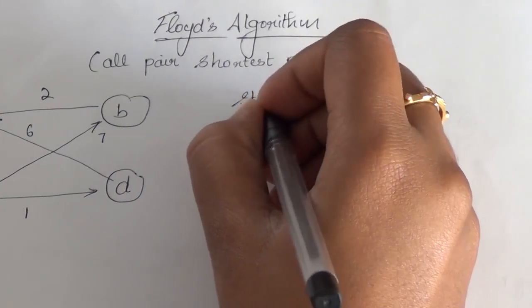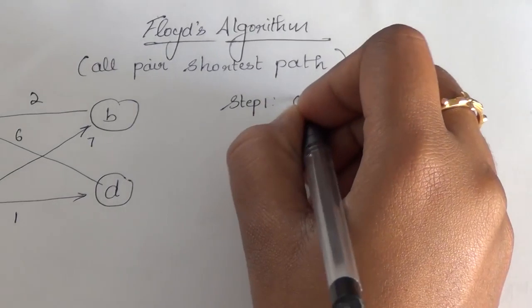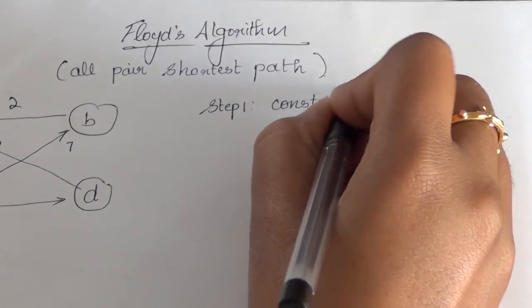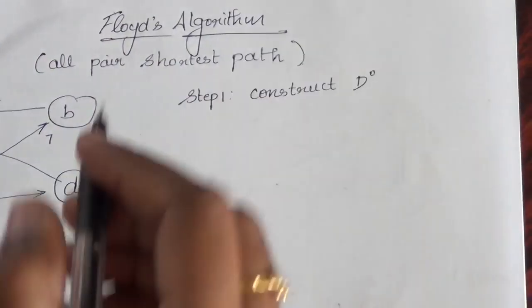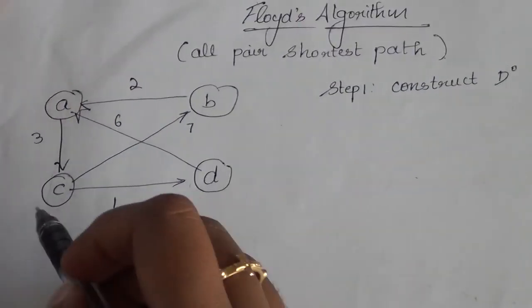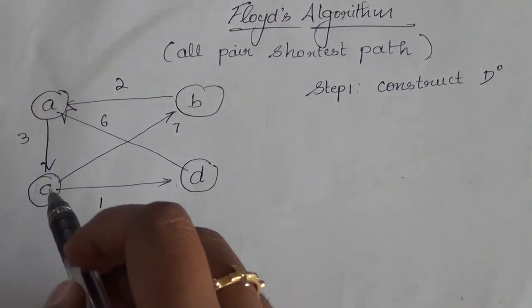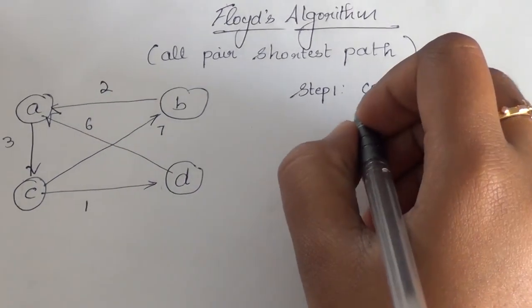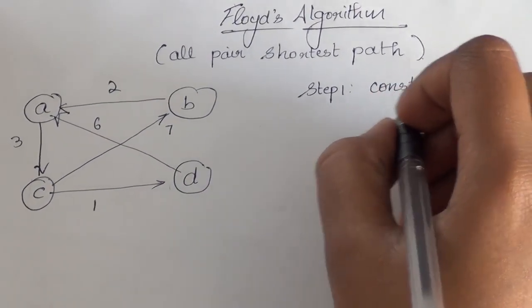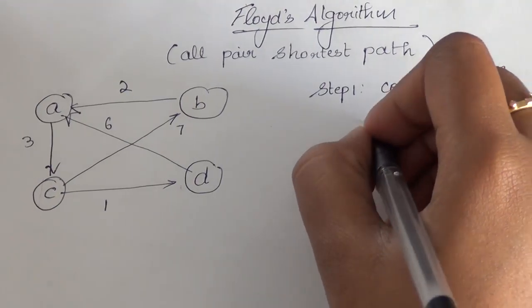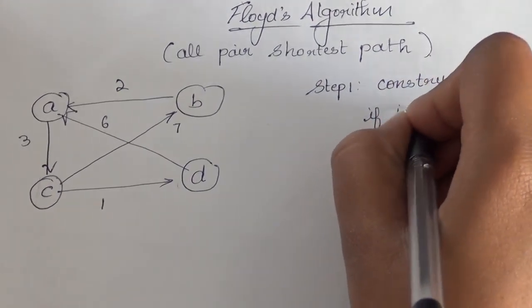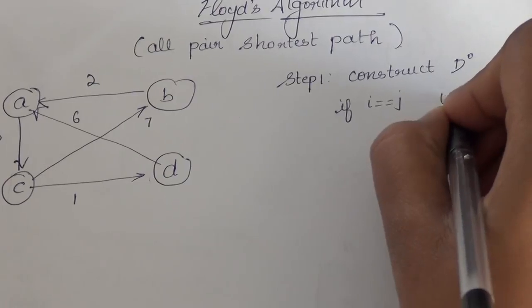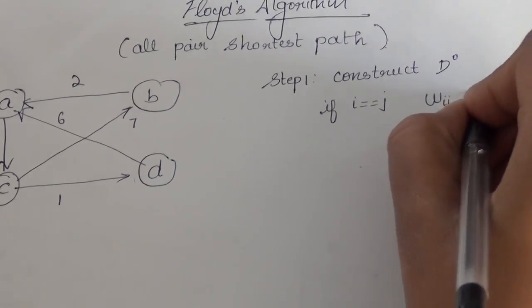Step 1 will be construction of D0, which is nothing but a matrix. This matrix is based on the number of nodes. If there are 4 nodes, then it will result in a 4 cross 4 matrix. The values in the matrix will be filled according to these conditions. If i is equal to j, then the weight will be represented as nil.